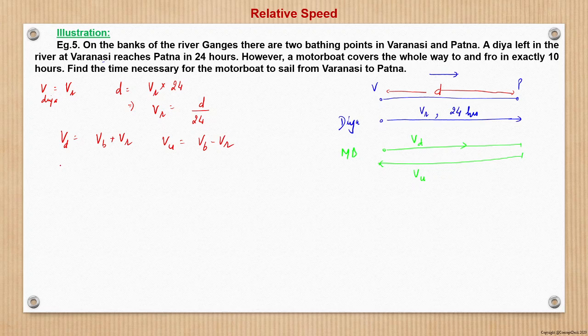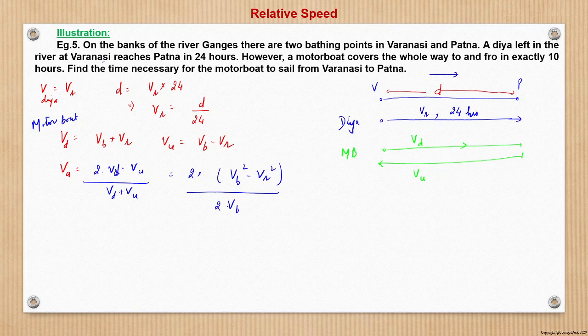So what will be the average speed of the motor boat? Average speed will be 2 into Vd into Vu upon Vd plus Vu, which will be 2 into Vb square minus Vr square upon 2 Vb. Vr will get cancelled out.